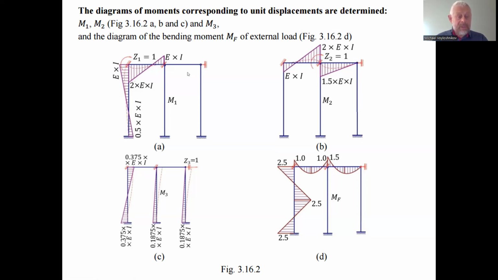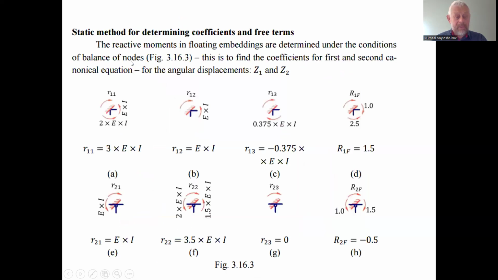And we have another moment on the other side of the embedding, equal to 2 product by E by I, rotated clockwise due to the stretched fibers, the lower fibers. Here we just cut out the node that we consider, the balance of the node, and we have to have the balancing moment. The balancing moment is R11.